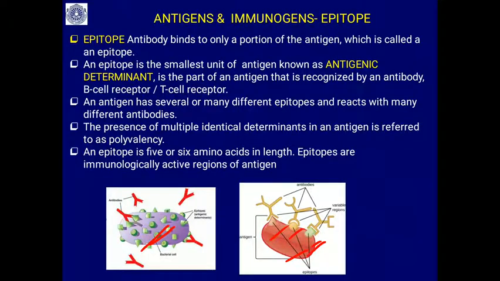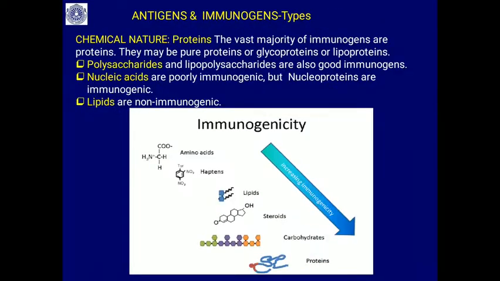It is a small portion of the antigenic molecule, a small peptide consisting of 5 to 6 amino acids. These epitopes are the immunologically active regions of antigens, because these regions are recognized by the antibodies.